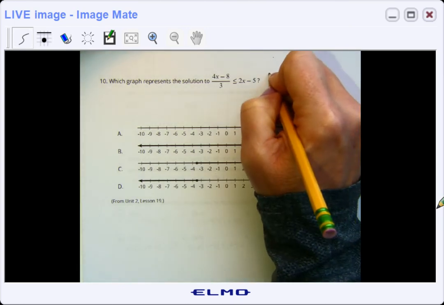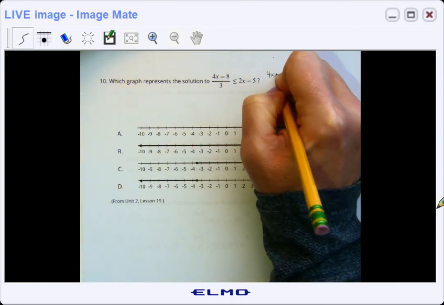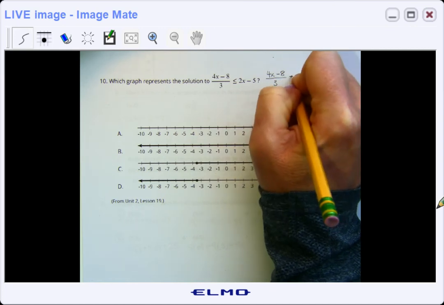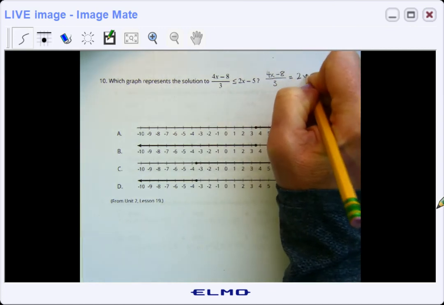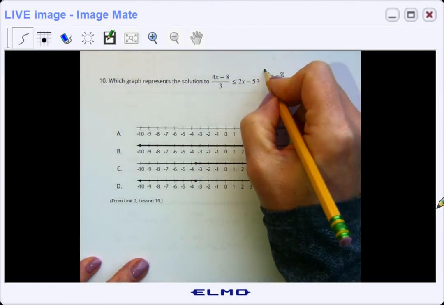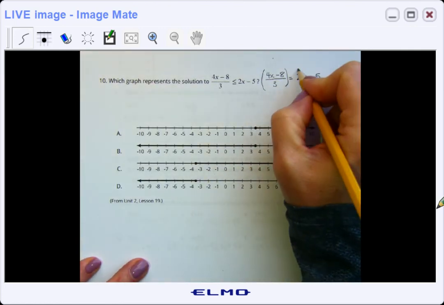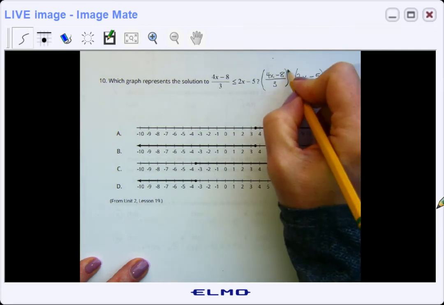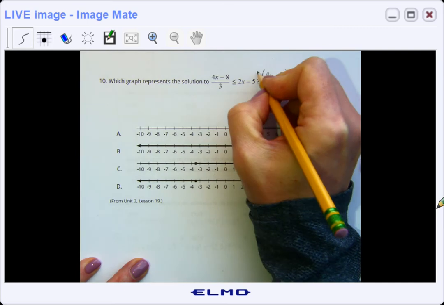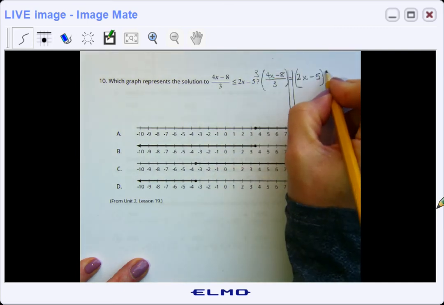So I'm going to rewrite it, (4x minus 8) divided by 3 equals 2x minus 5. And so I'll start by multiplying both sides of the equation by the 3 in the denominator to eliminate this fraction.